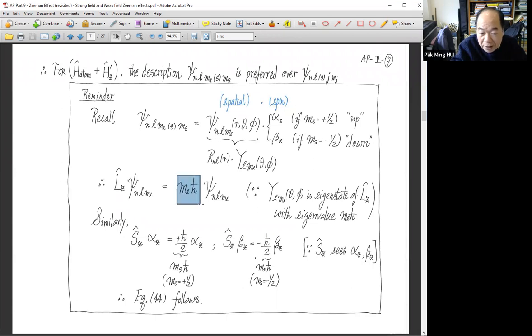It will pick up this Z component. For the spin, SZ operating on the spin part, if it is up, it will pick up plus half h bar, that is to say the quantum number plus half. When it is down, it will pick up minus half. Okay, go back.